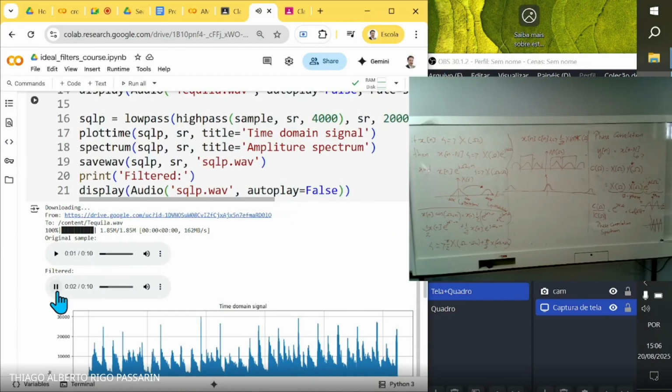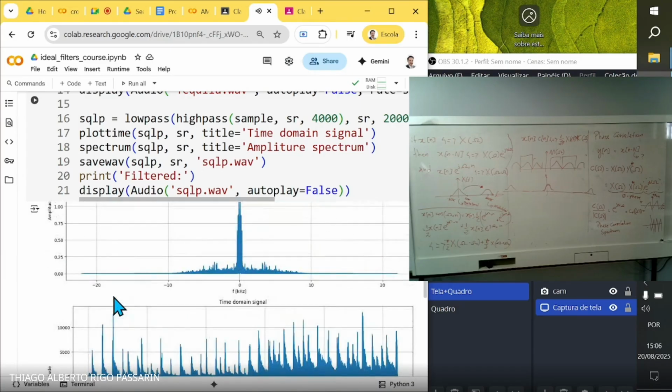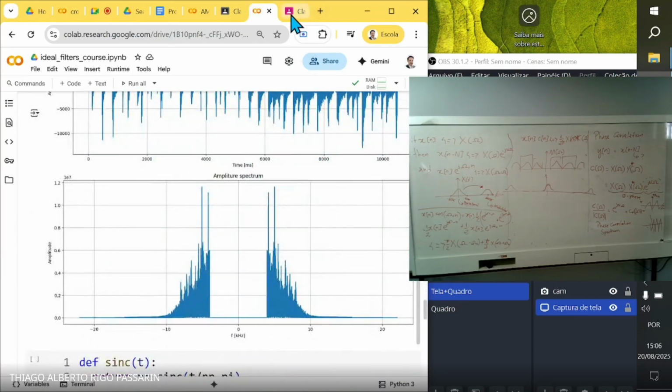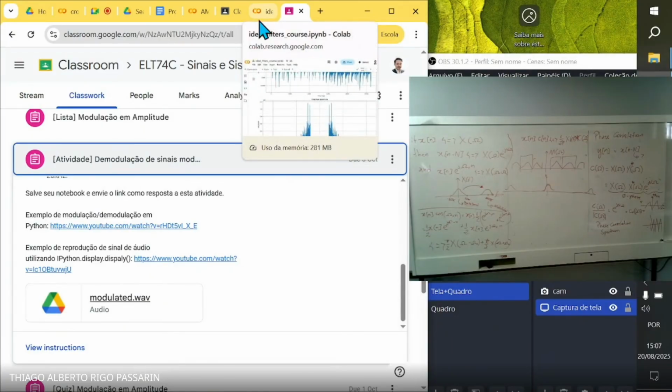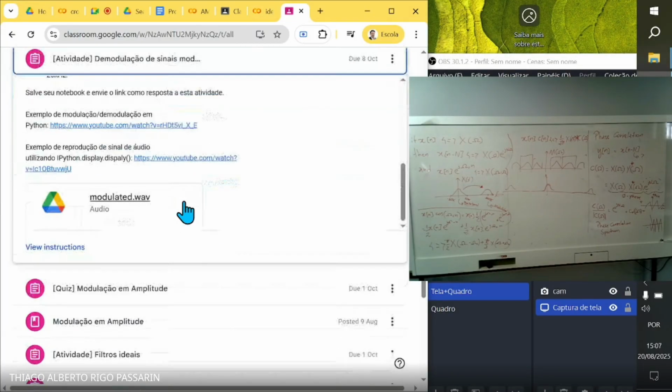This is from last class, right? You can use those examples to band pass, high pass, low pass, play and modulate and demodulate the signals.